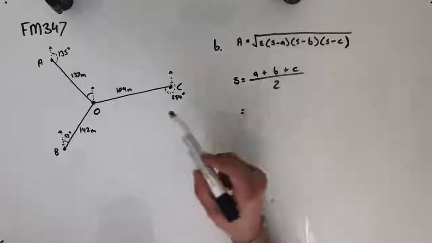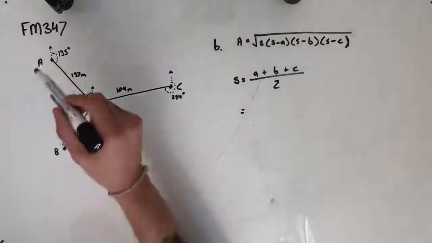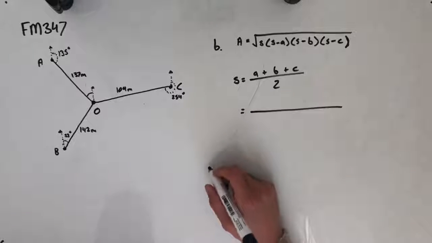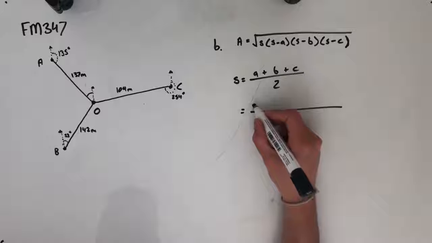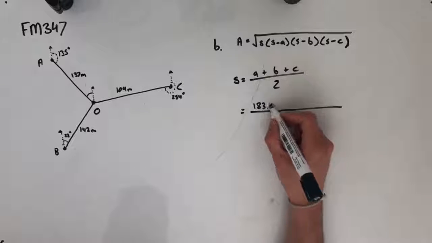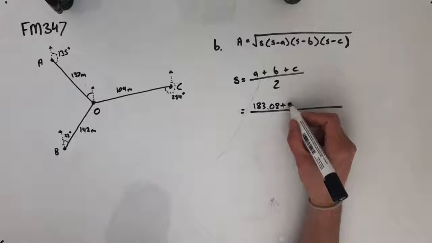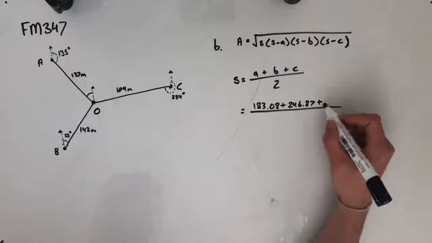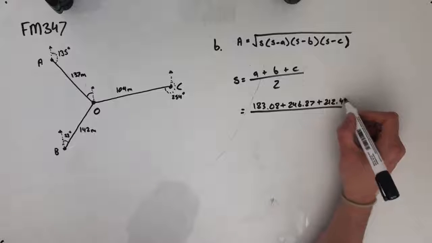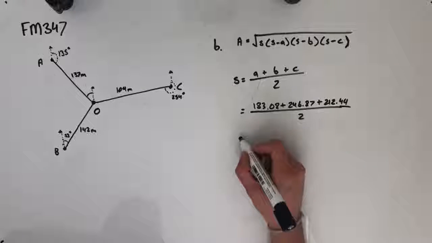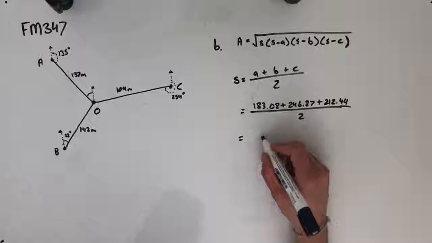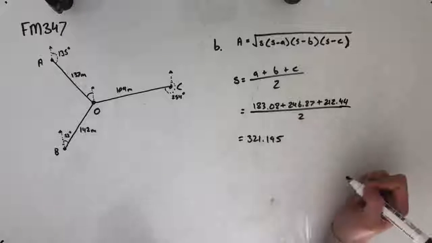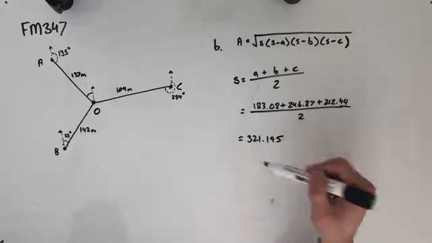So the length between A and C, C and B, and A and B. So if we plug those 3 values in, we'll start with the first one that we proved, the 183.08, add that to our 246.87, and once more to our 212.44, all over 2. Plugging into a calculator, we should get a value of 321.195.